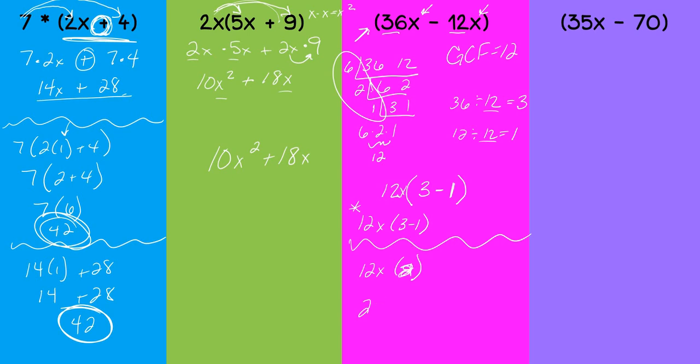My goodness, no adding. We're subtracting. So 2. And then here, 36x minus 12x is 24x. So I have now made 3 expressions that are equivalent to that 36x minus 12x.